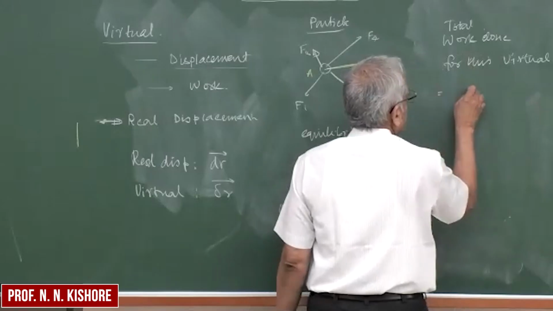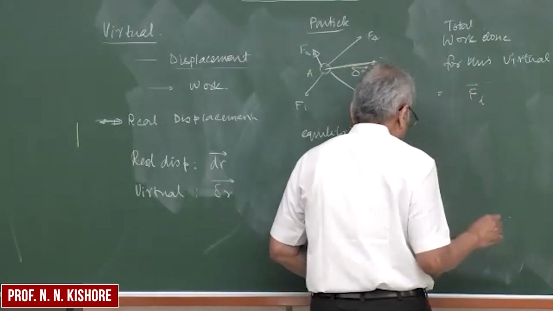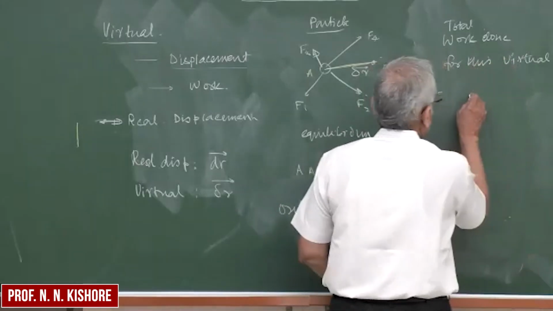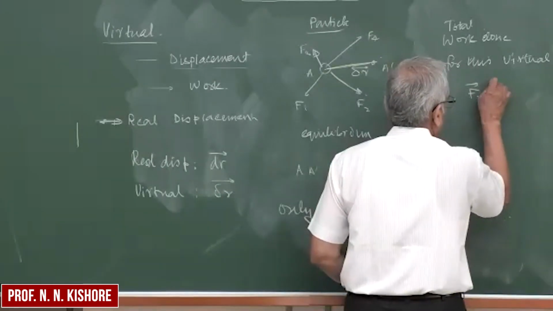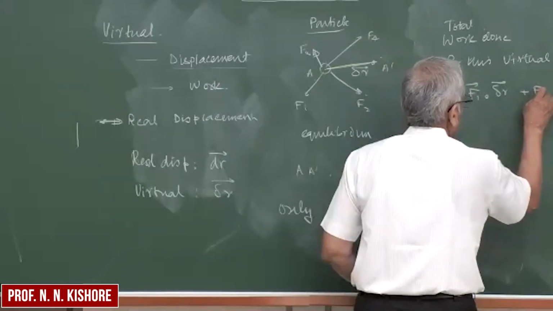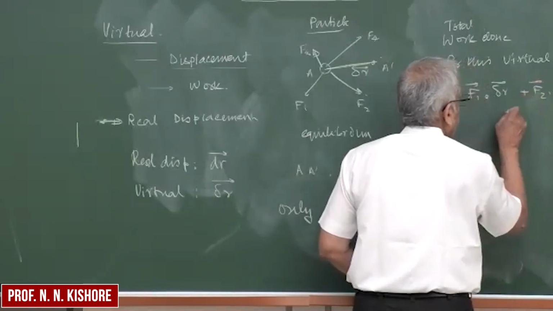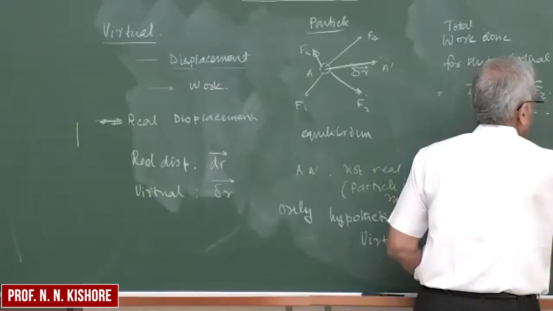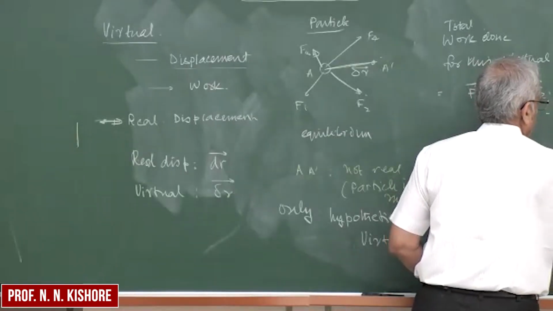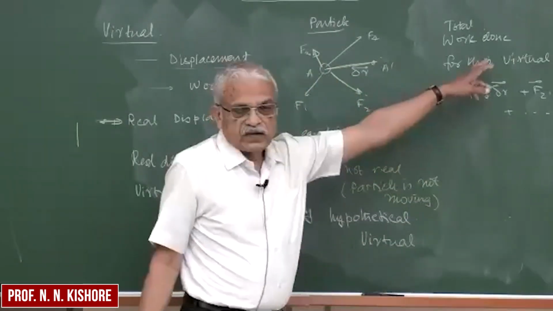We write F1 dotted with delta r, F2 with delta r, it is the same delta r everywhere, and so on. This is the total work done for a virtual displacement.